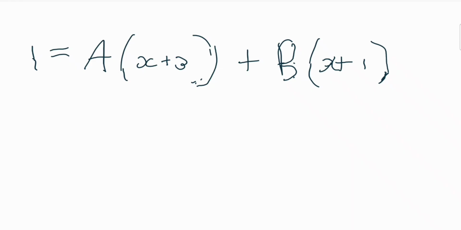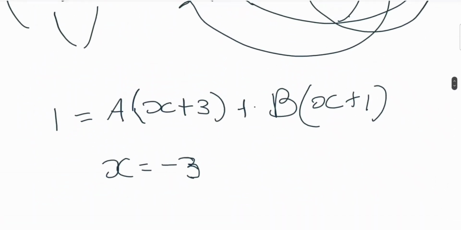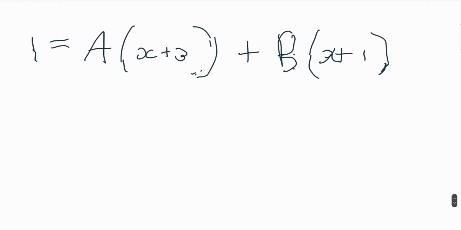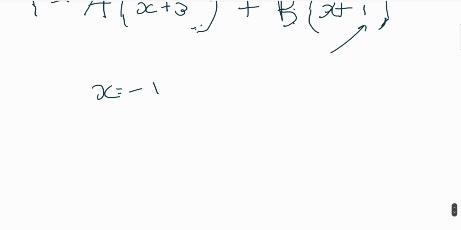So now we are going to have to find a. The way we're going to do this actually is by setting x equal to -1, so as to cancel out the x plus 1 in b times (x plus 1). So we get b times 0, which is 0. Okay, so set x equal to -1, and this means that 1 is equal to a times (-1 plus 3).